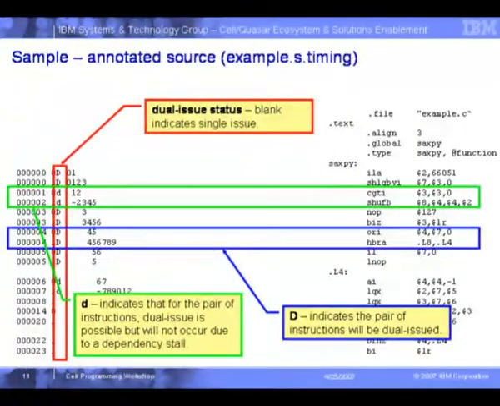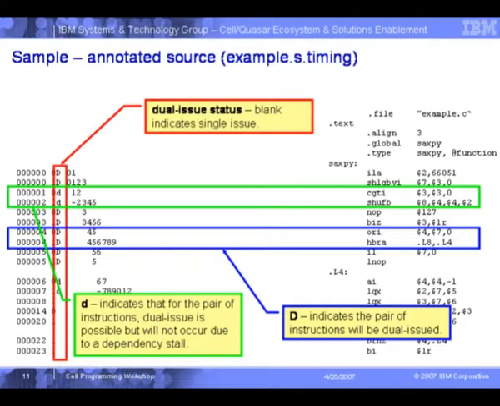If you notice, some of the D's are capital letters and some are small letters. The second sub column in the second column talks about the dual issue status. Is dual issue actually happening, or is there a dependency?